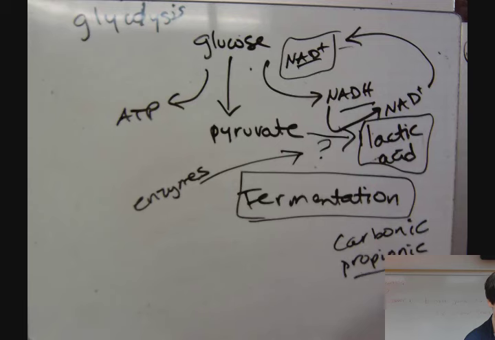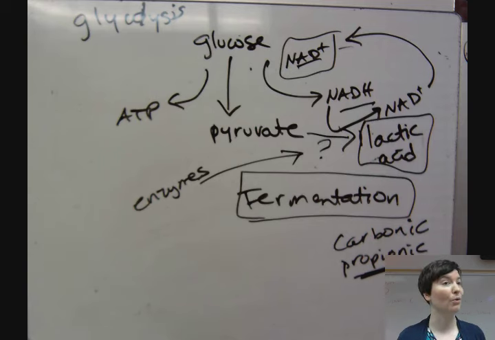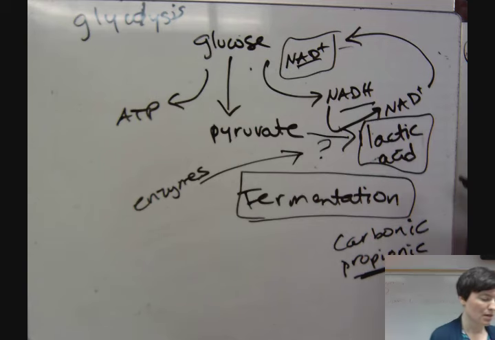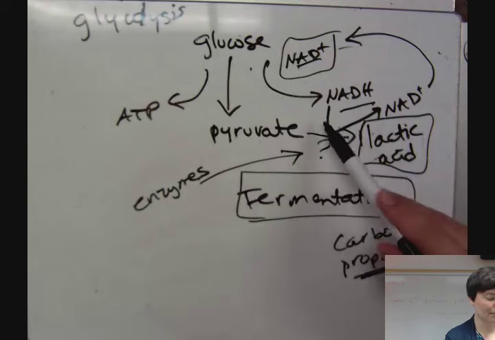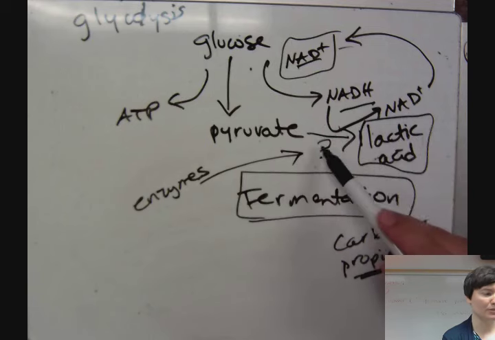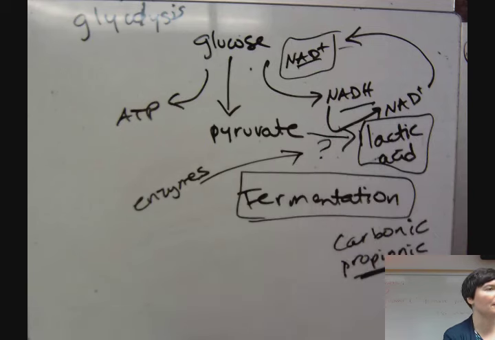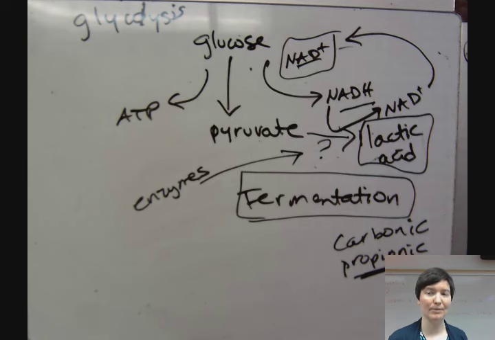And by the way, this is the organism that makes Swiss cheese: it makes propionic acid and carbon dioxide, which is why there are holes in the Swiss cheese. And there are a variety of other things that you can do to pyruvate in order to get this NADH problem solved. It just depends on what enzyme you use and specifically how you reorganize the molecule. You can have lots of different products, but most of the time it's going to be an acid. Okay?